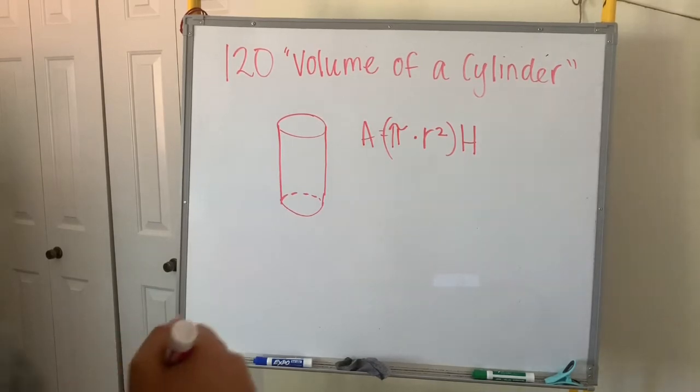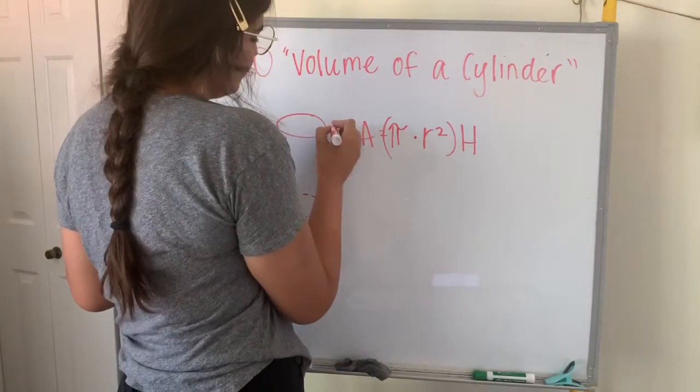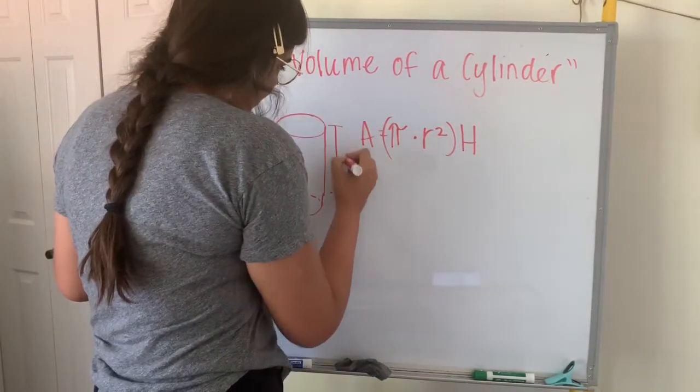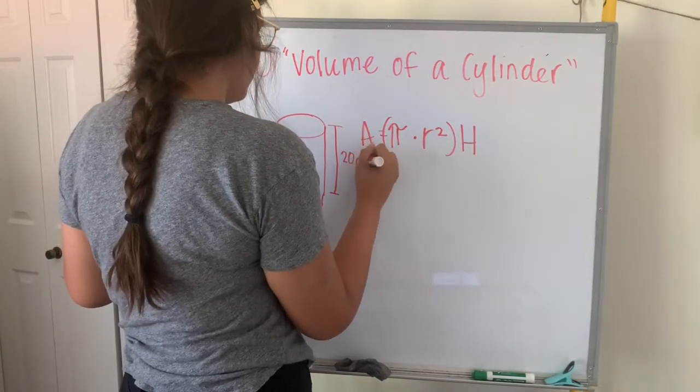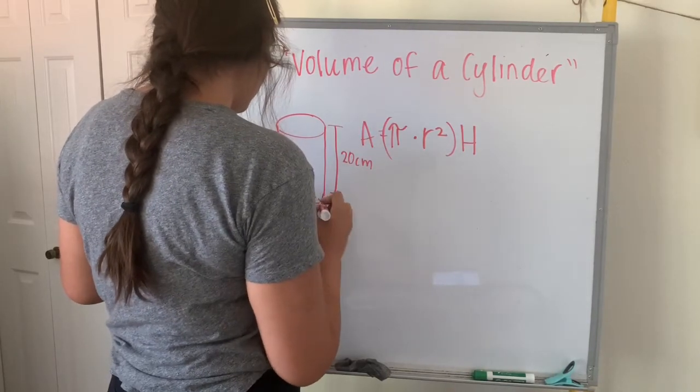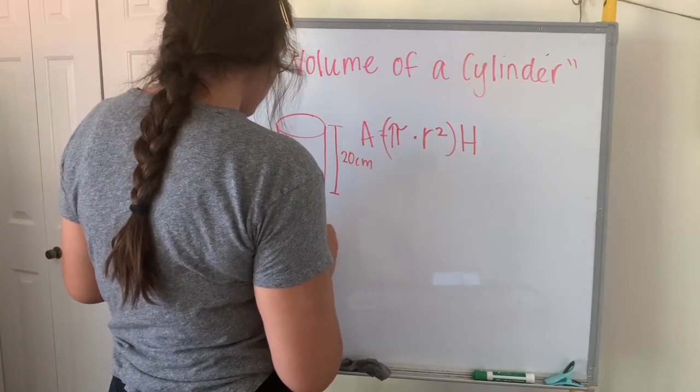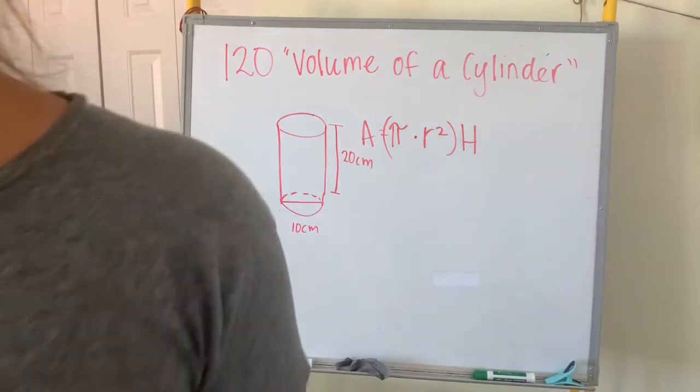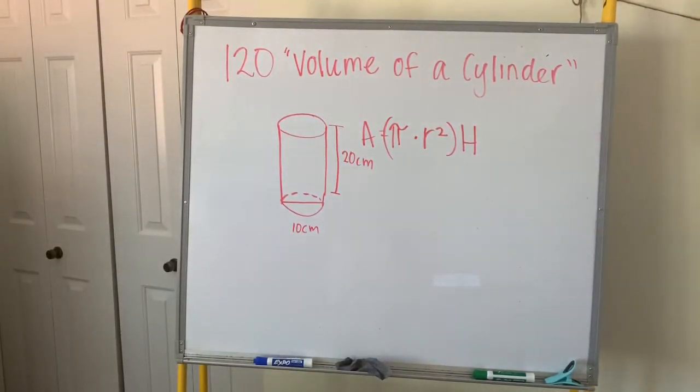Okay, so for example, let's say that the height of this cylinder was 20 centimeters and the diameter of the base was 10 centimeters. We know our equation is pi times the radius squared times the height.